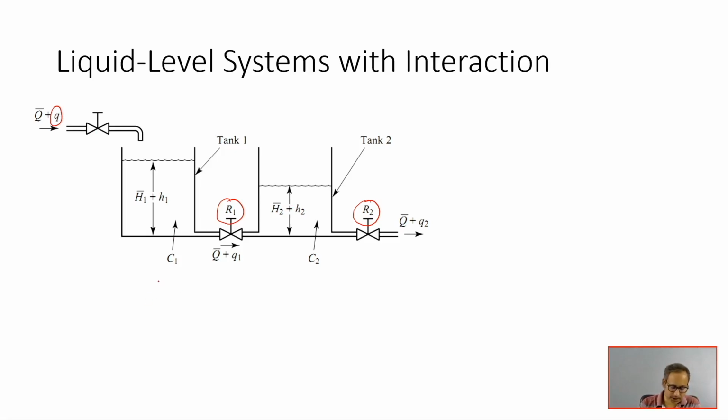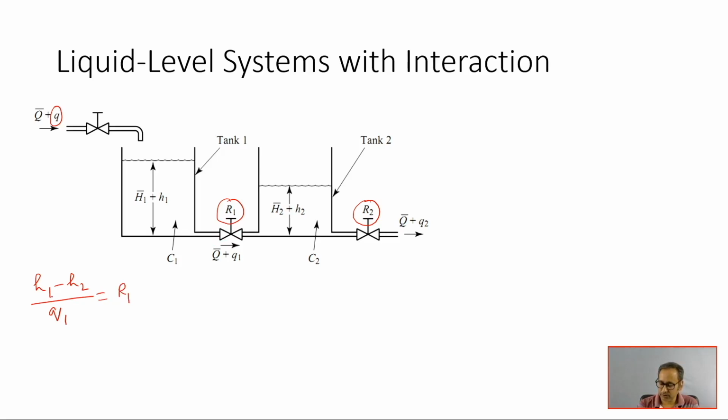Now you can write down the constitutive relations using the basic definition. Consider the flow through this particular valve. This is the resistance offered by this valve, R1.